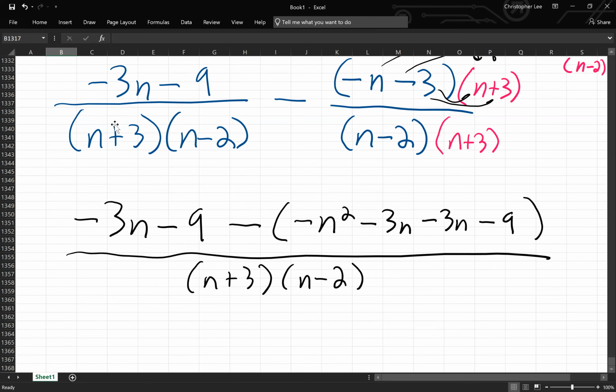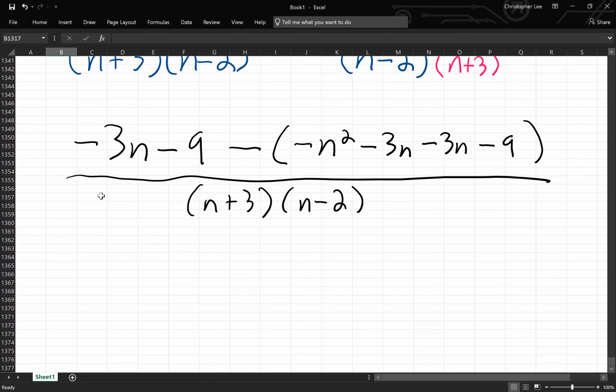Now, the next step that I want to do, before I distribute that negative, I want to combine like terms. So I have negative 3n minus 9 minus, open parentheses. Oh, my fault. I meant to say that I want to combine the like terms in the parentheses in particular.